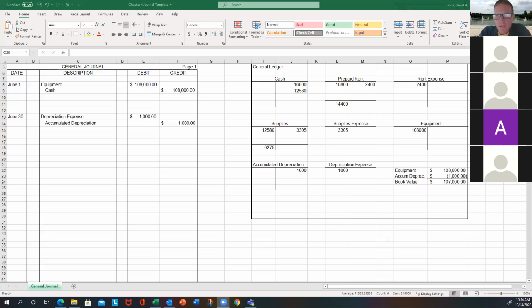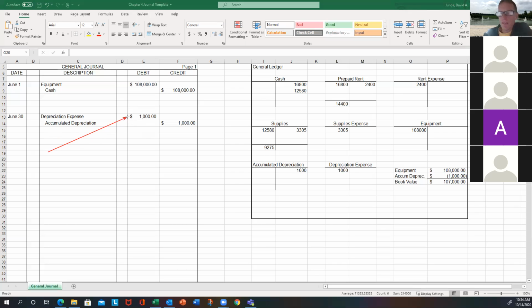That means every month our adjusting entry for equipment will be the same. So this entry right here, depreciation expense, accumulated depreciation, will be the exact same entry at the end of July, at the end of August, at the end of September, and so forth. Every month, you're going to have the same entry that's recorded.